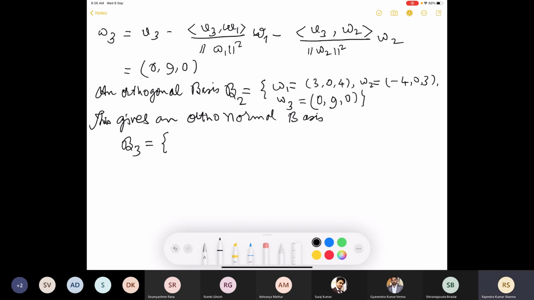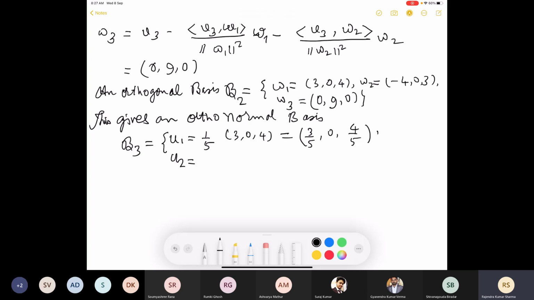Call them, say, U1, U2, U3. What is U1? It is W1 by the norm of W1, and the norm of W1 is the square root of 25, because we had seen the norm of W1 squared is 25. So this is 1 by 5 times (3, 0, 4). So this is the same as (3/5, 0, 4/5).